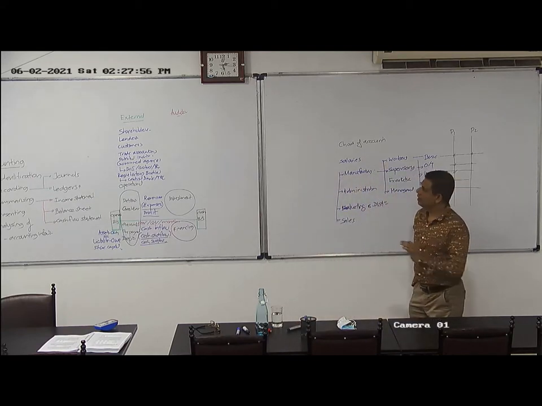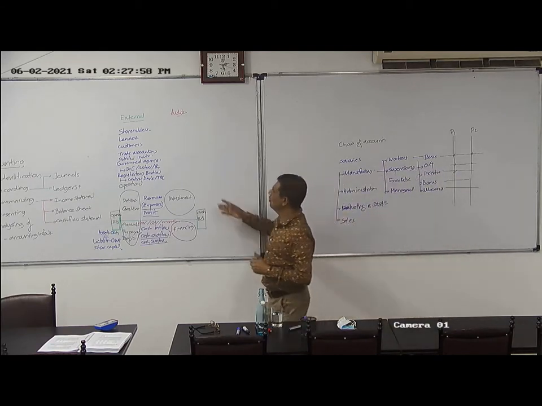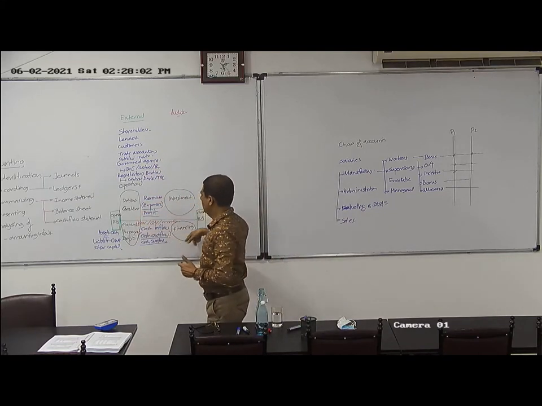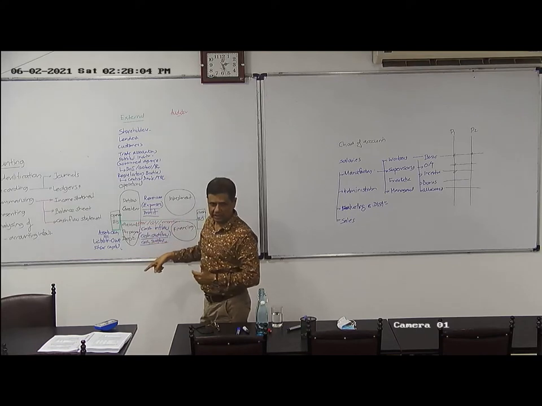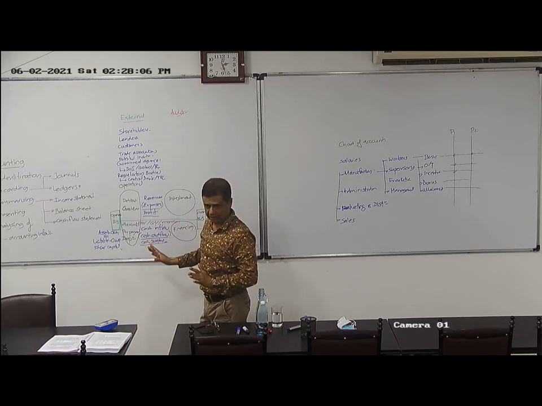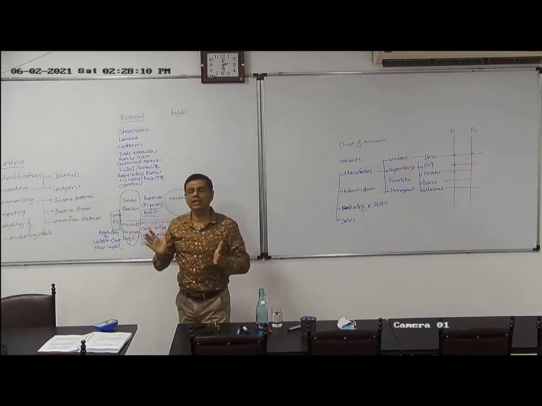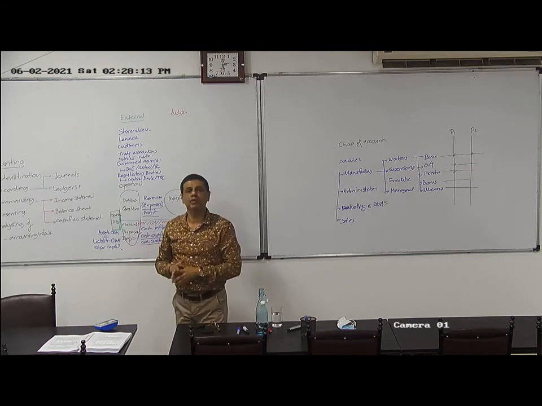Now tell me, other than this, we spoke of external stakeholders who will mostly use this financial accounting information that is there in the organization. Now tell me, what are the other accounting-related information reports that you get from your organization?